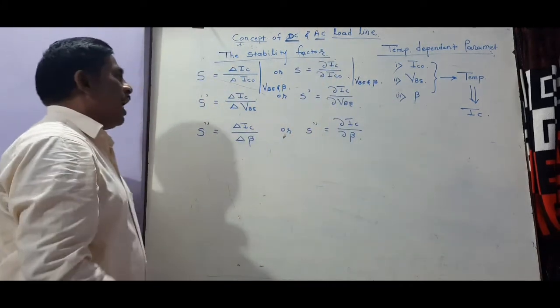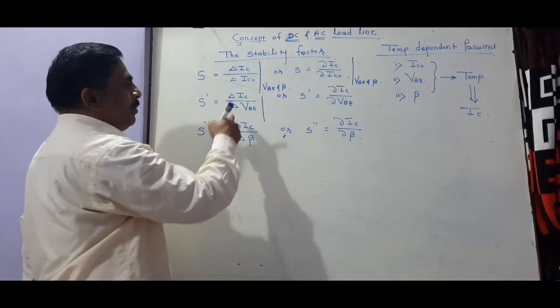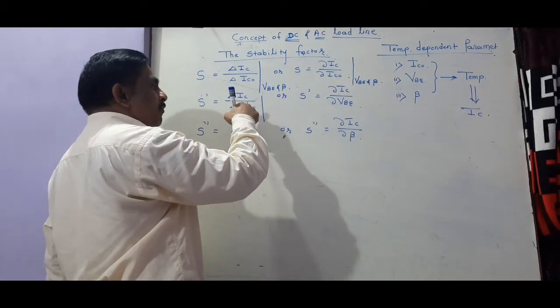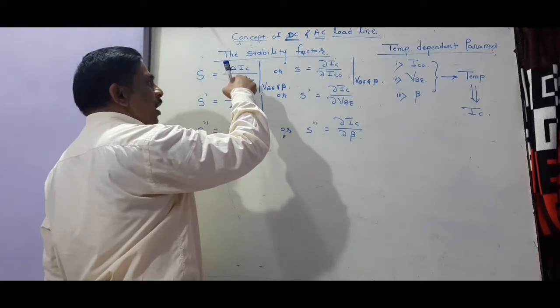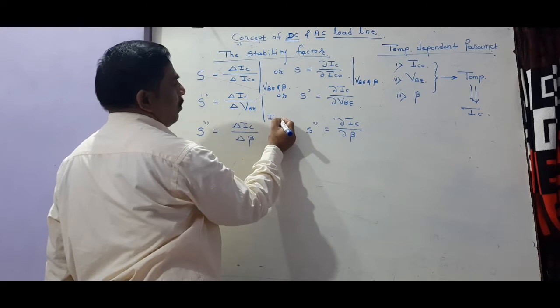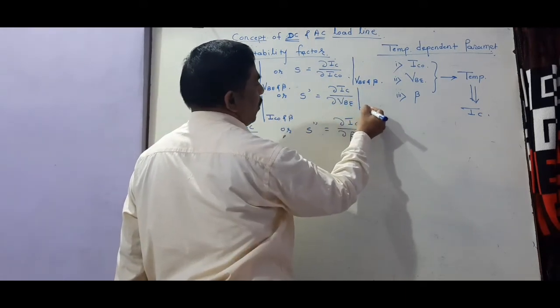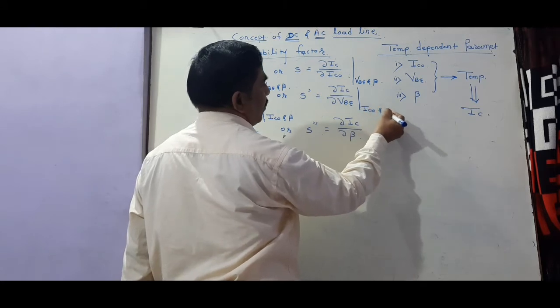Similarly, S dash is the ratio of delta IC upon delta VBE. Here VBE is varying, so keep IC0 and beta constant.